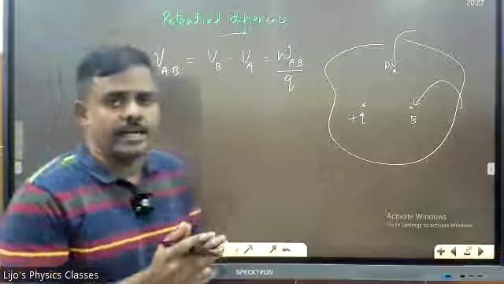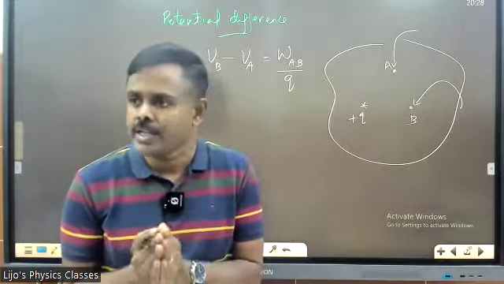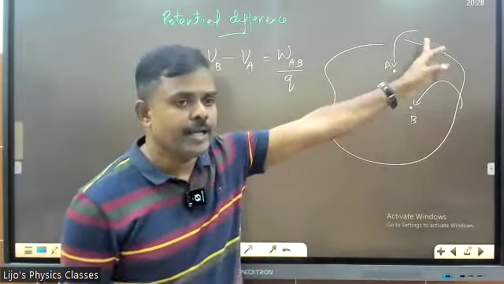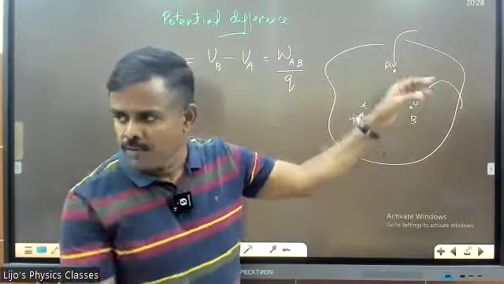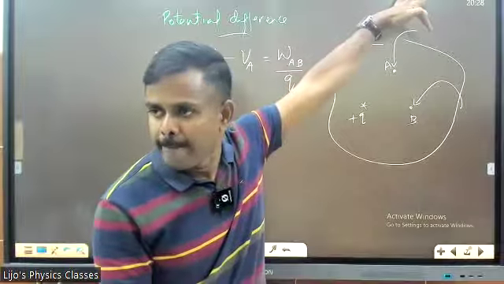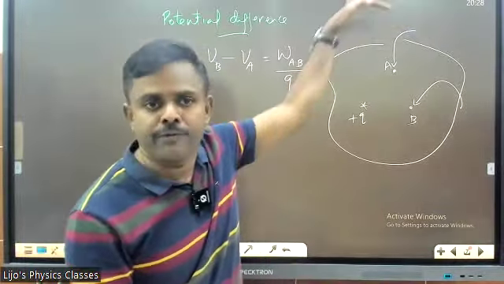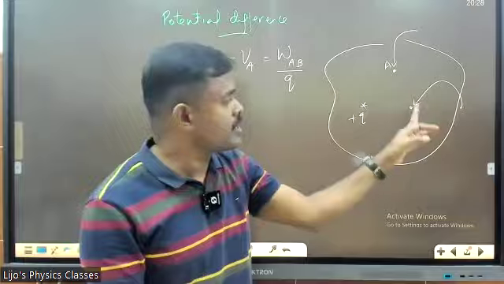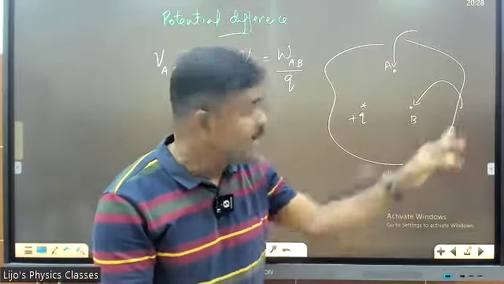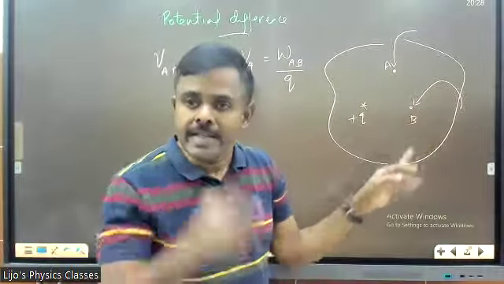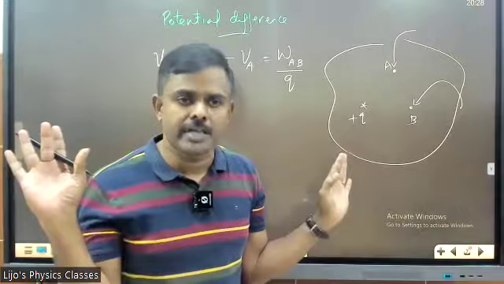What is potential? It is the work done in transferring a charge from infinity up to the point. Potential at A is the work done in moving a +1 coulomb from infinity up to A. Potential at B is the work done in moving a +1 coulomb from infinity up to B. Their difference is called potential difference.